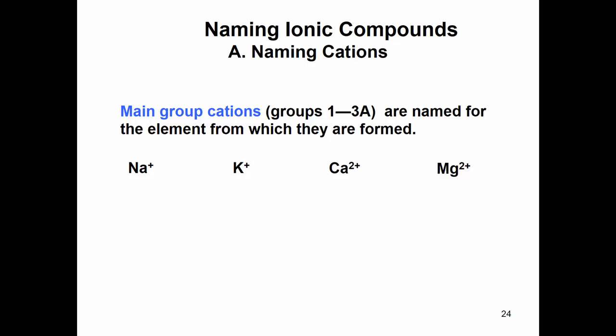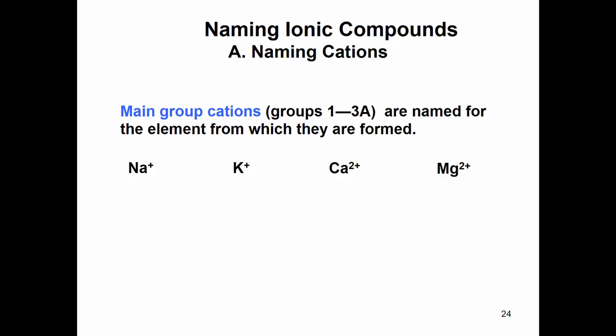And the anion, we know that nonmetals gain electrons, and so the anion is the nonmetal. Our group 1 to 3A elements, your representative metals, are named in a specific way, in a certain classification.